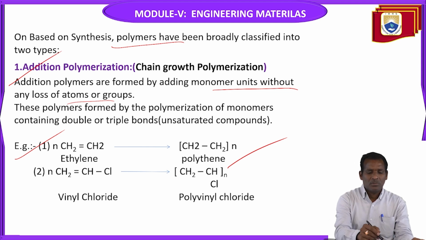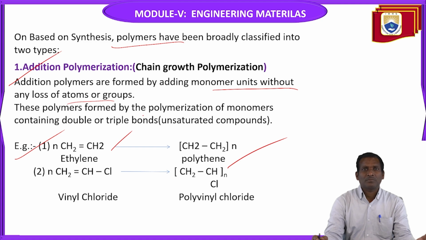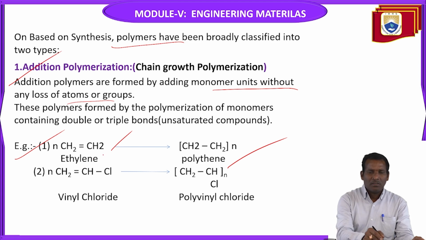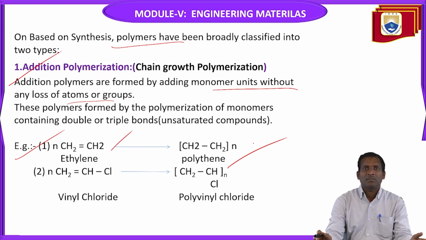The chemical equation is given here: n CH2=CH2, that is, C2H4 molecules, and after polymerization, n is the number of monomer molecules present in this polyethylene.